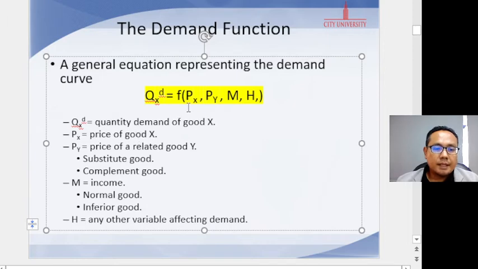The price of good X, for example, and the price of related good Y, which may be a complement or a substitute of good X, then M, that means income, and other variables affecting the demand.